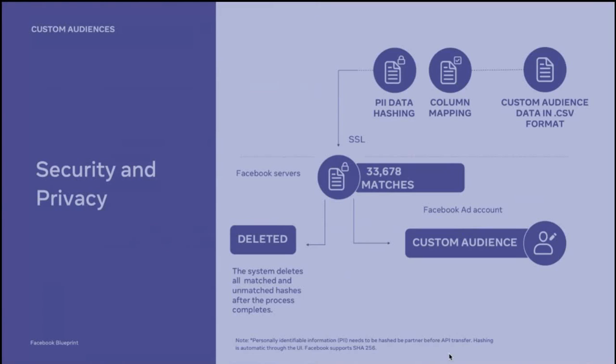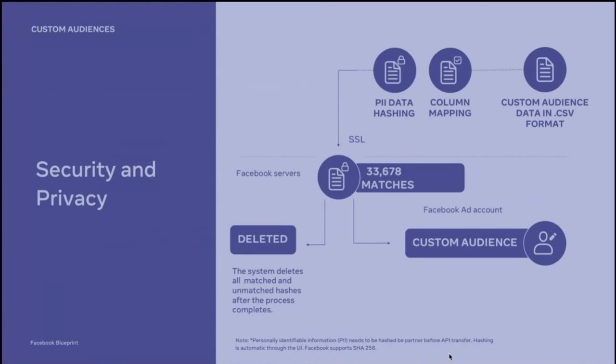On the Facebook side, we have pre-computed the hash value for every Facebook user, and we take your list of hash values and compare them with our own. For each matching hash, we add the Facebook user to a custom audience stored within your ad account. If a hash doesn't match, we simply ignore it. Once the matching process is done, we delete all the hashes, both matched and unmatched.